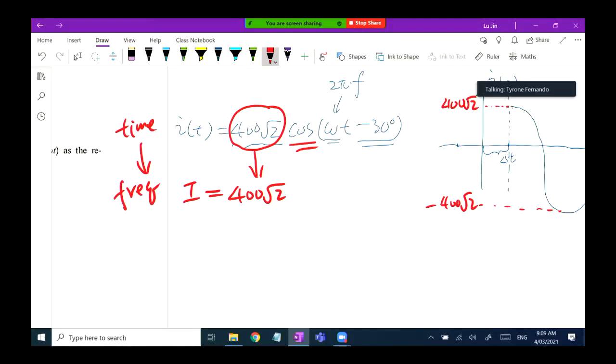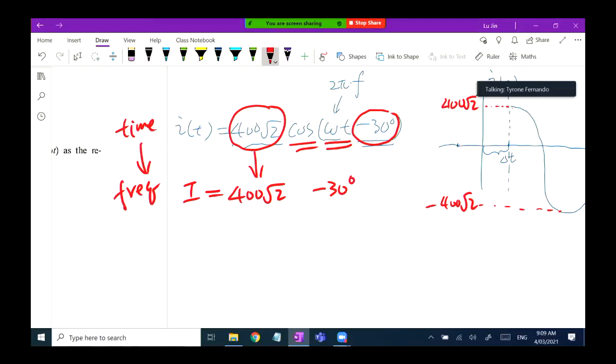Omega t: first of all, we don't need to worry about t because t is not included in the phasor form, and omega is not important for the phasor at this moment. Leave it alone. The next important thing you need to include in the phasor is the phase angle, negative 30 degrees.